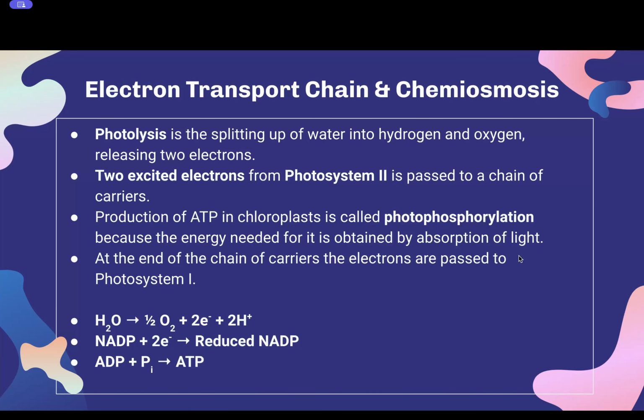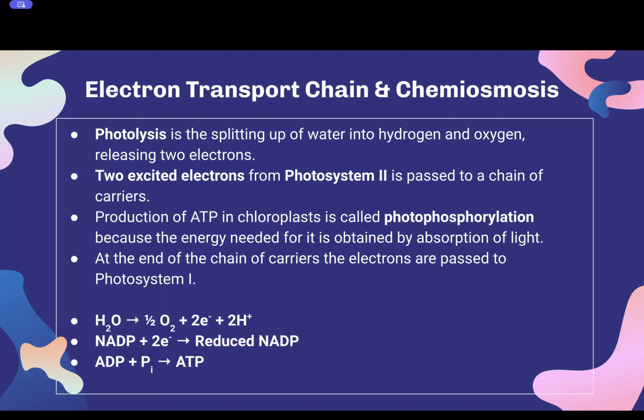Okay. So again, this is the ETC and chemiosmosis in the context of photosynthesis. The first step is photolysis, where water converts into hydrogen and oxygen, releasing two electrons. These two electrons from photosystem 2 are passed on to a chain of carriers.